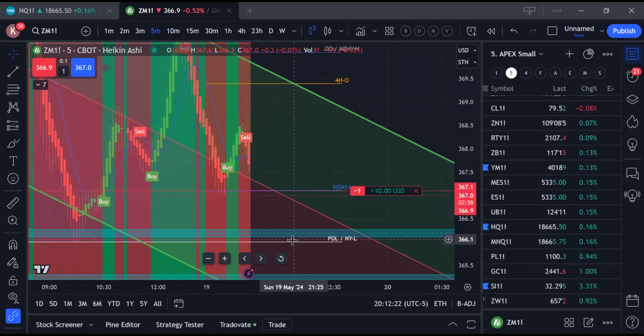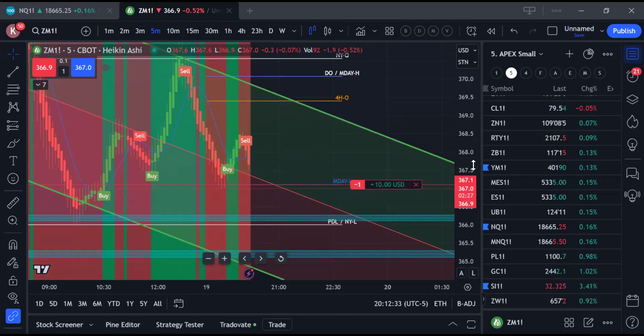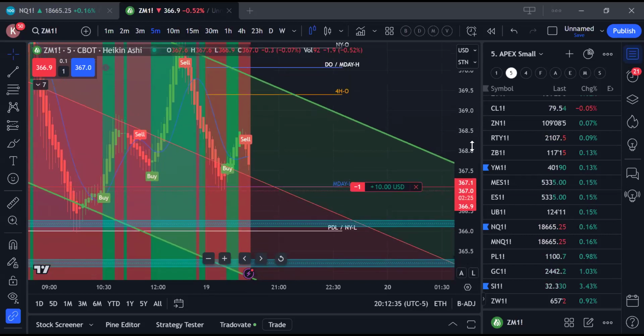If it breaks the Monday low, it can come all the way to the previous day low. PDL stands for previous day low, and Monday MD means Monday 4 hour open. So all the highs will generally act as your resistance, all the lows will act as your support.